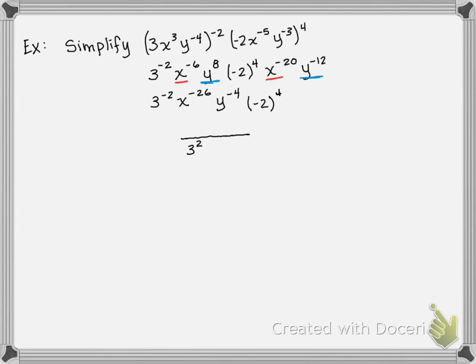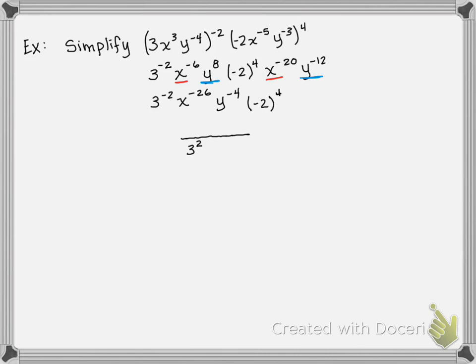Notice that I do not care even a tiny bit that is equal to 9. The most common mistake is to try to make that into a number too soon. Treat that 3 like an A or a B or a C or an X or a Y. It doesn't matter that 3 squared is equal to 9, because that's where people jump to that so quickly, like they want to do it in the first step, and that's where you make mistakes with the negative exponents.